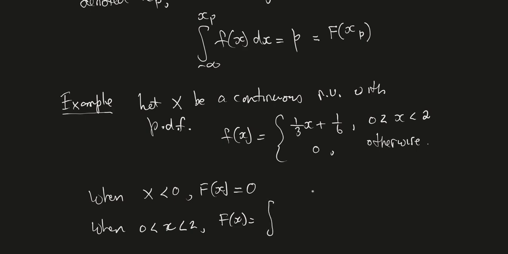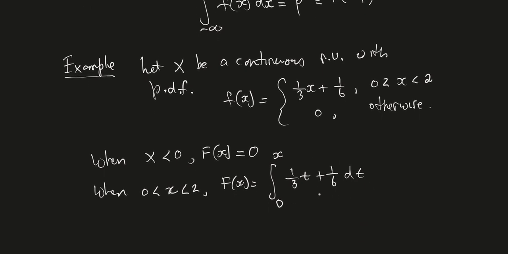The region starts at x equals 0, and then it's going to go up to x, and then we're going to integrate 1/3 t plus 1/6 with respect to t. That's where we replace the variable x in our PDF with this dummy variable or placeholder in order to have a well-defined area function, right?